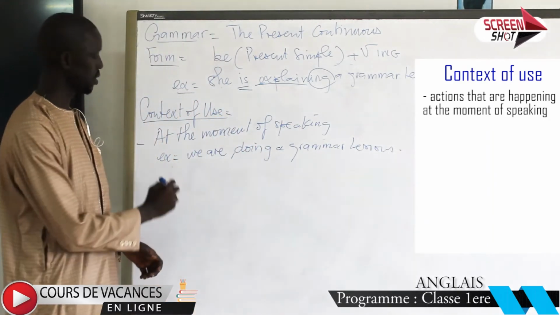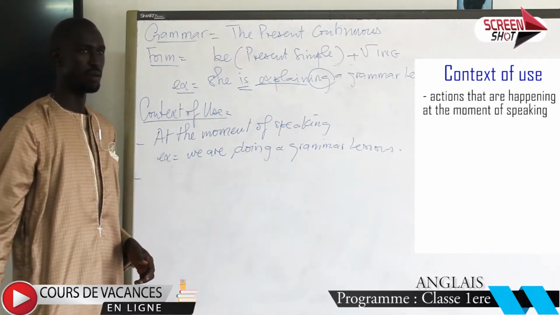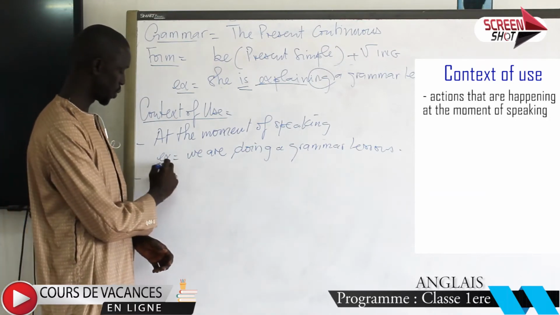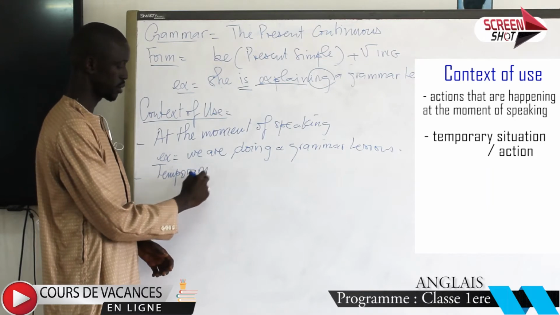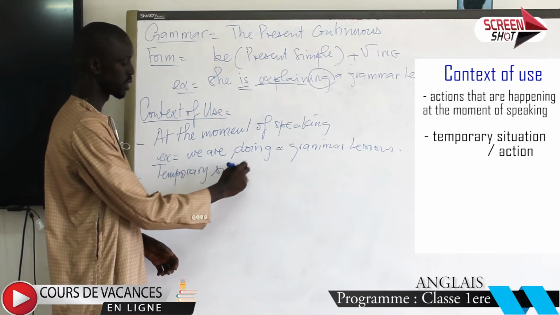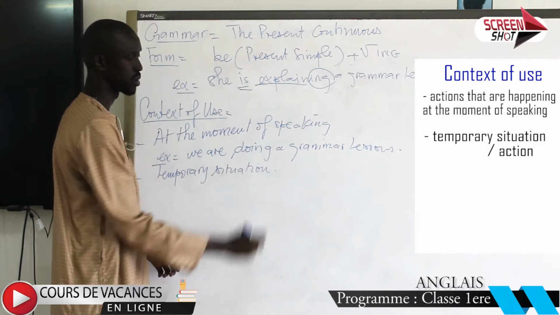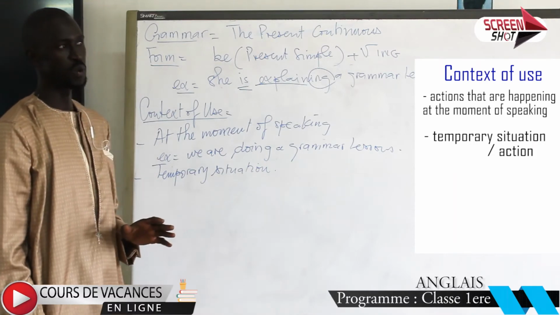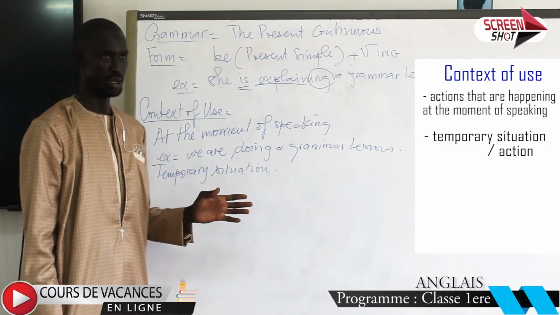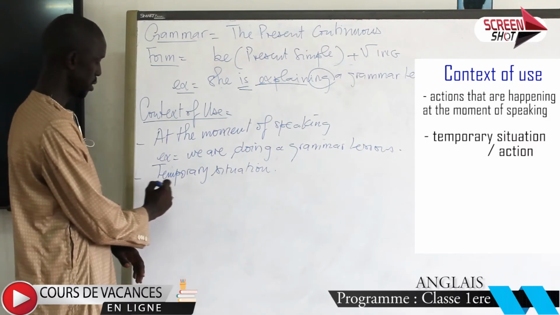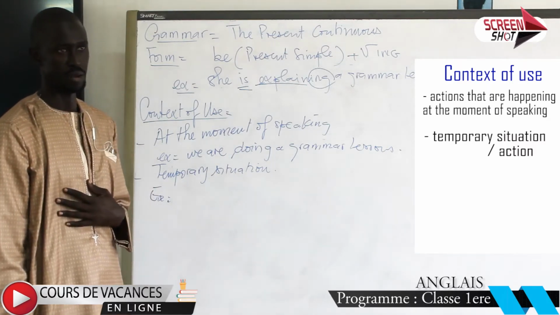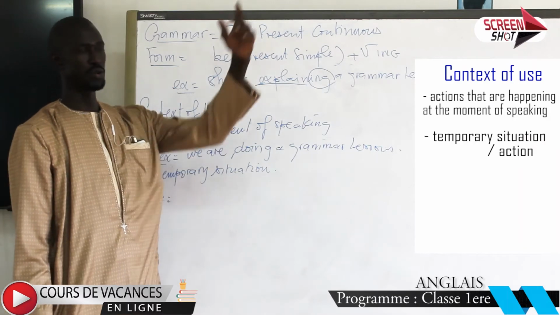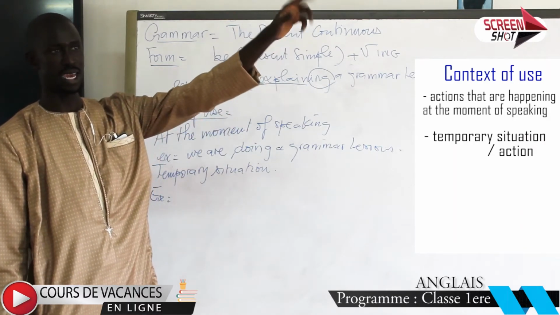We also use the present continuous if we have a temporary situation or temporary action. The difference between a permanent situation and a temporary one is this. For example, I'm from Bargny, and I have something to do in Dakar, and I must stay there.